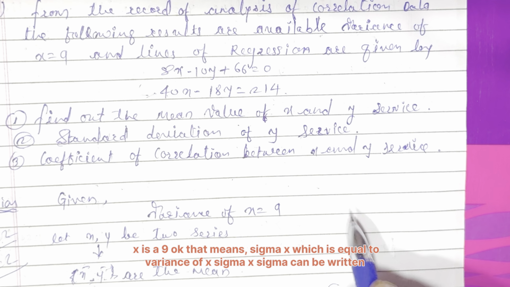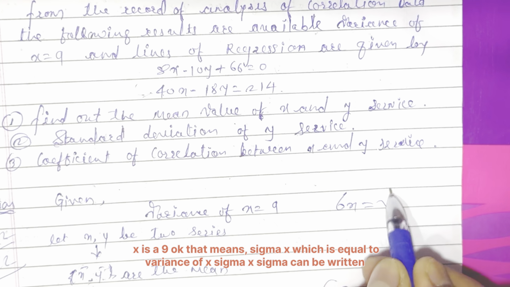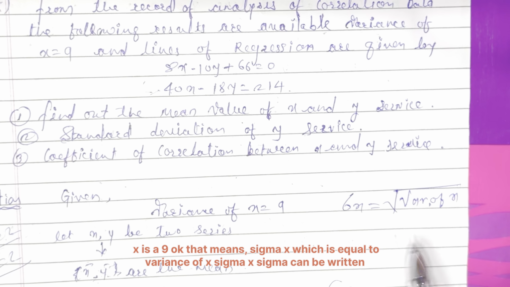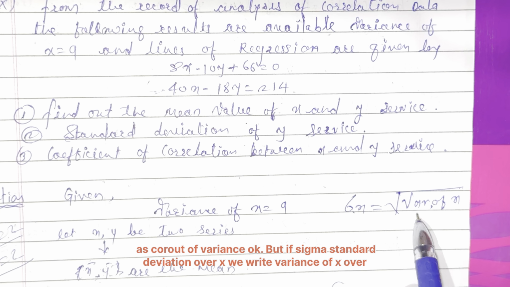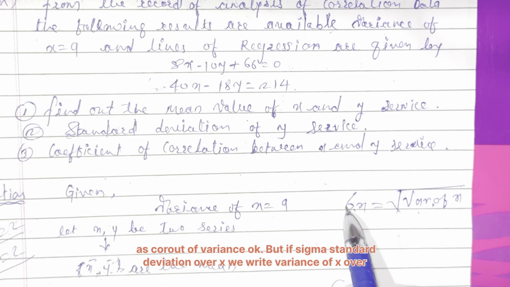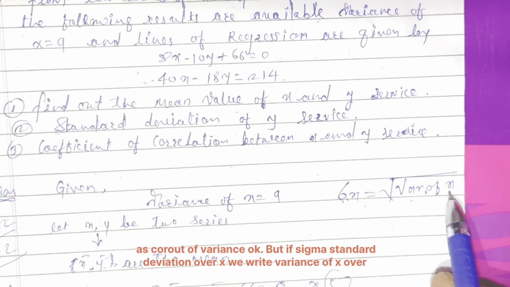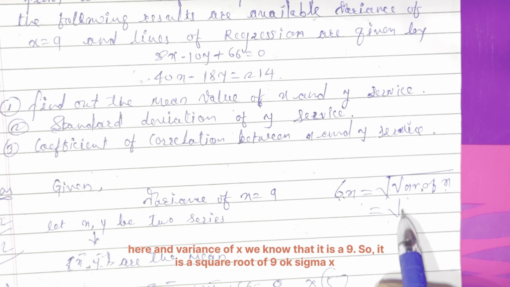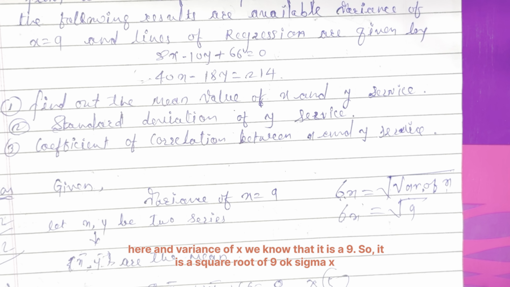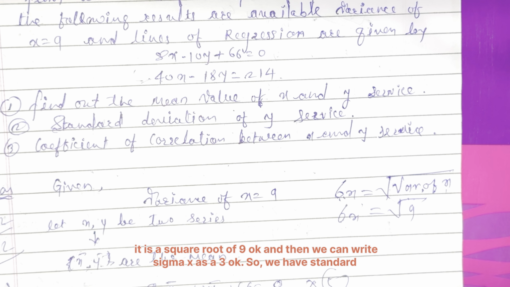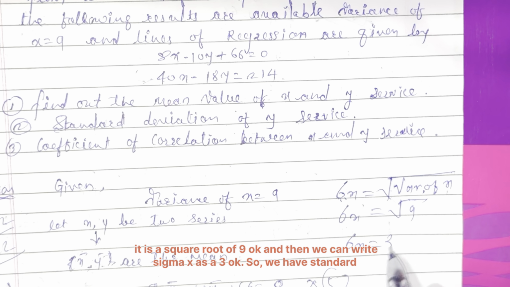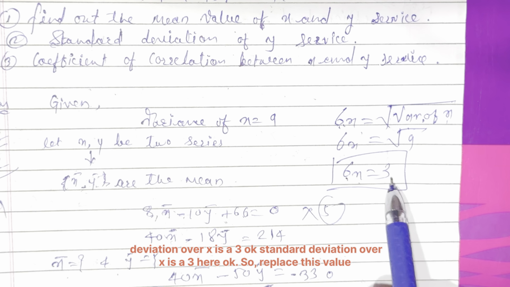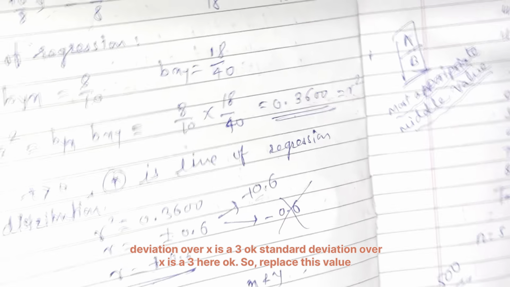That means sigma x is the square root of the variance of x, so sigma x is the square root of 9, and we can write sigma x as 3. So the standard deviation of x is 3 here.